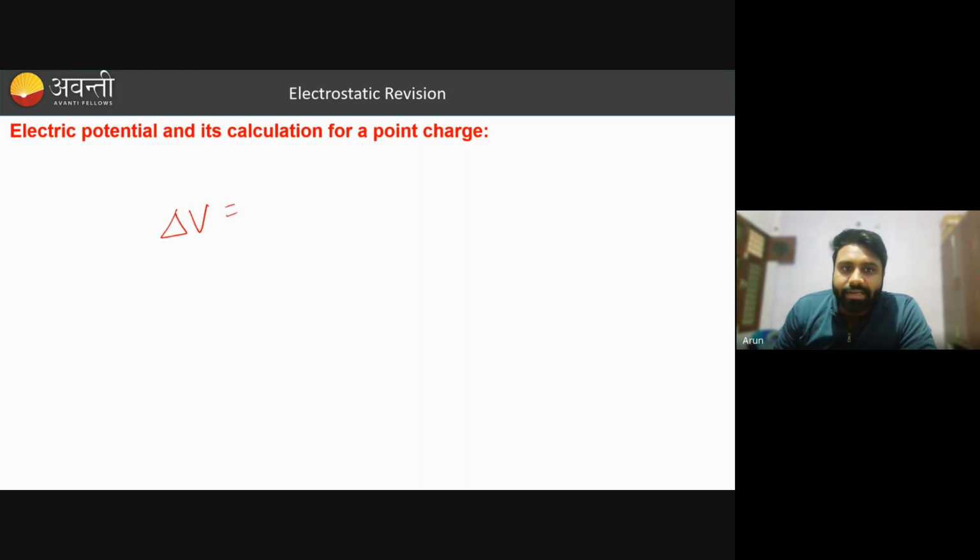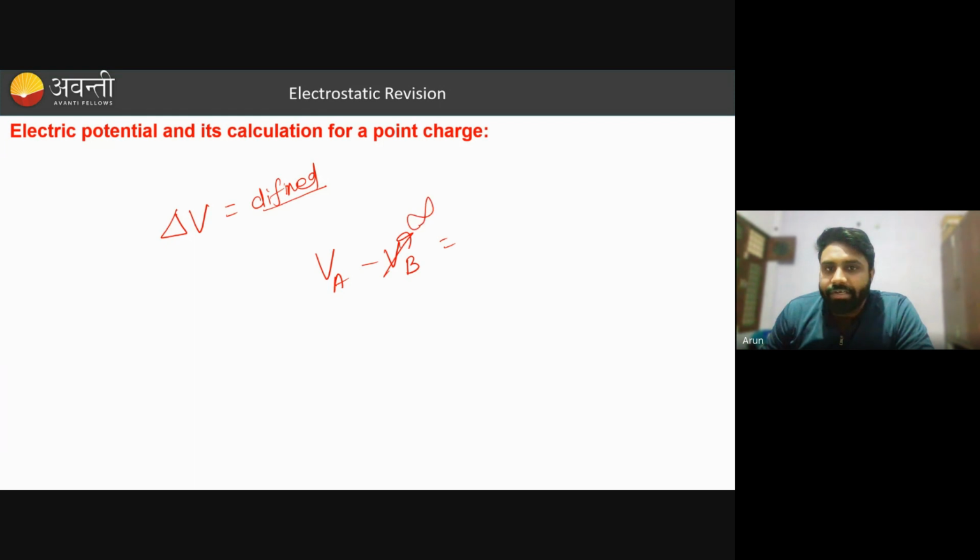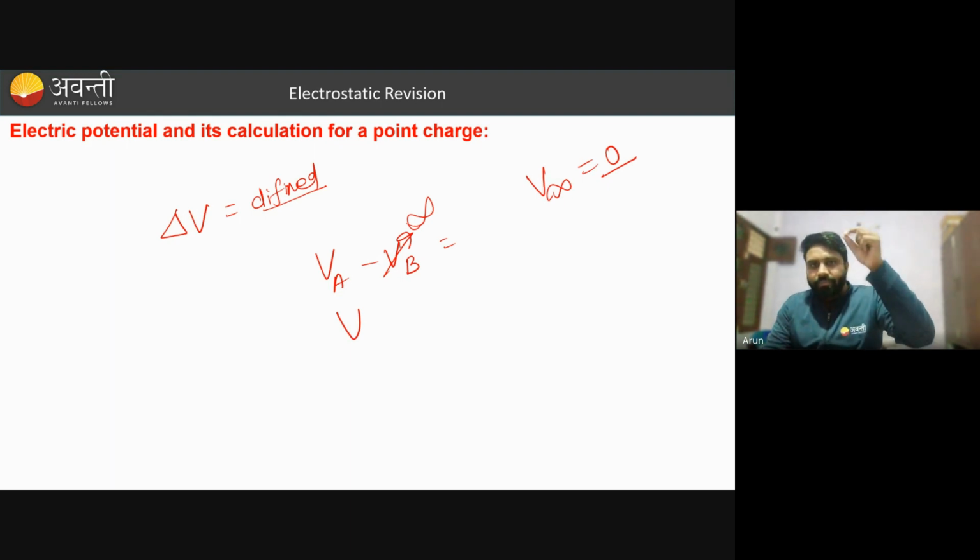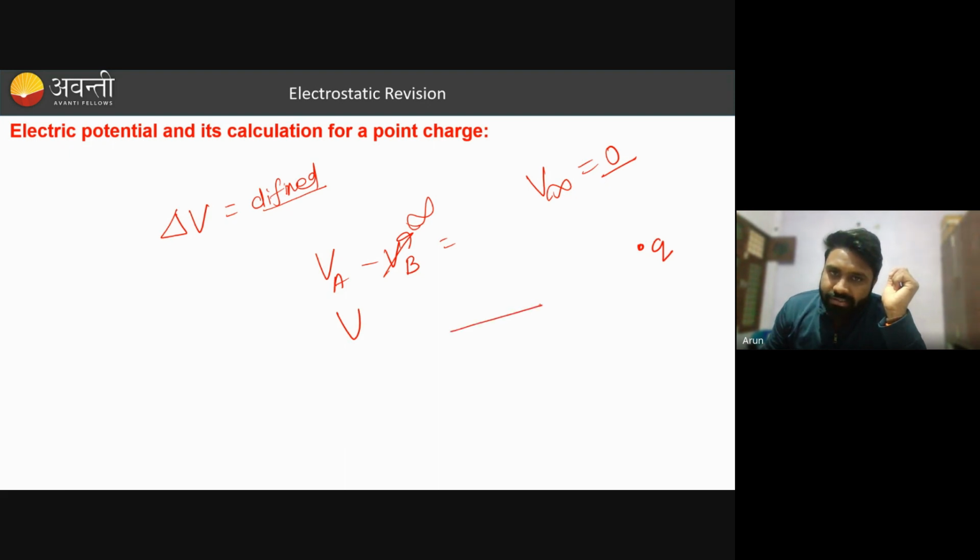Delta V is defined. Okay. But in delta V, it is VA minus VB, let's say. So we will take the initial point to be infinity, and V at infinity we consider 0. So if the potential at infinity is 0 and we have a test charge, and we bring it to a point A from infinity, what is the potential difference?